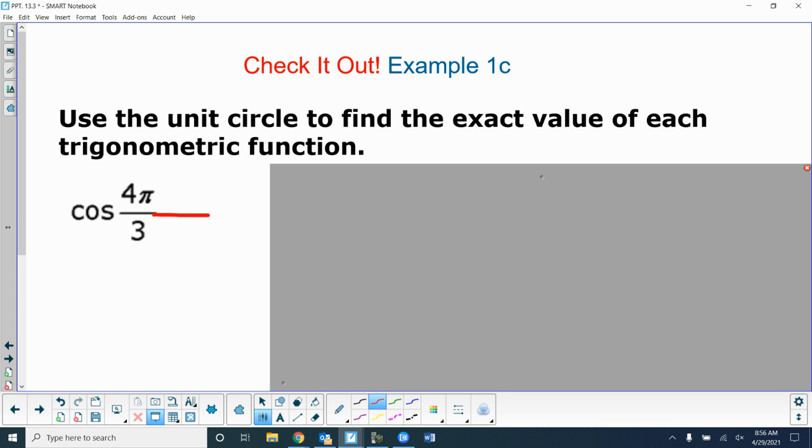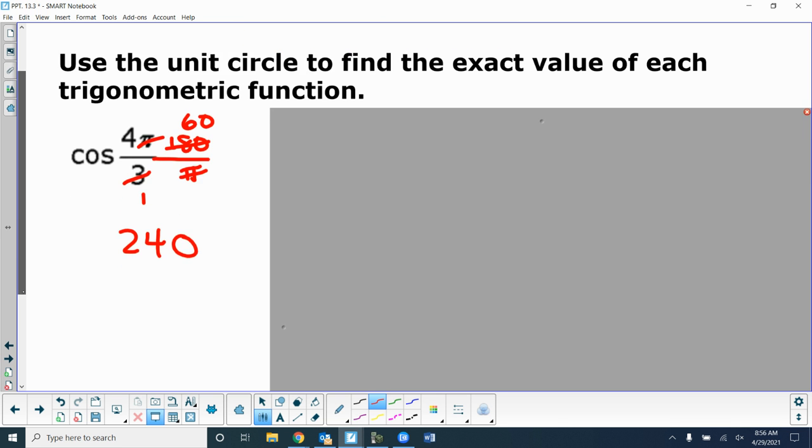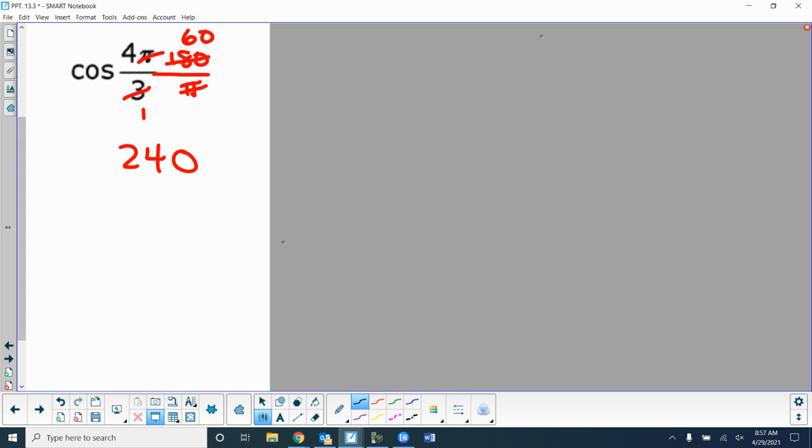What do we do? Pi. What's 3 into 180? What's 4 times 6? 24 out of 0, right? What quadrant's that? Third. Did we go too fast on that? So we're in the third quadrant.